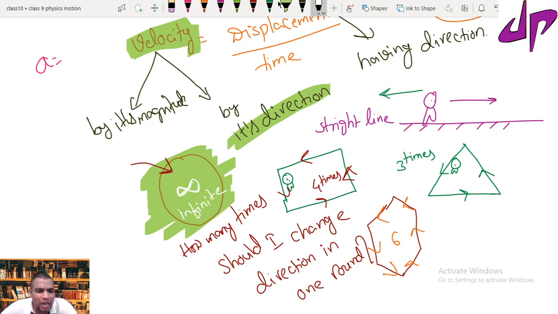Infinite means uncountable, so many. It doesn't have any count. It means so many sides. It means at every point, the object's direction changes when it's moving in circular motion.